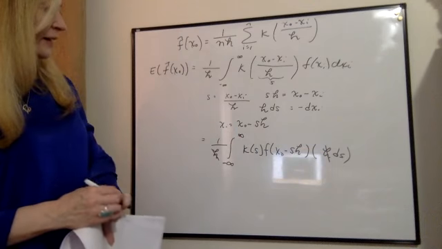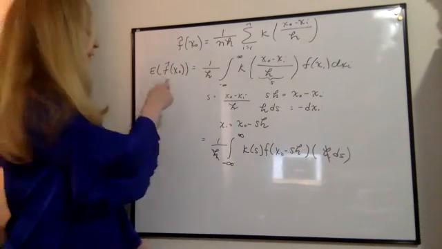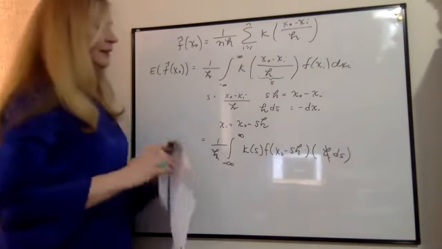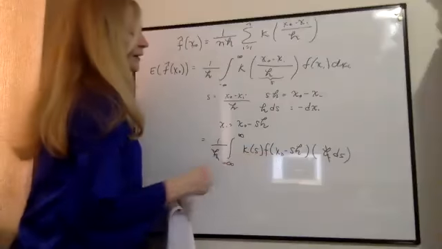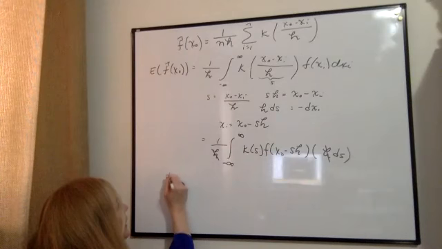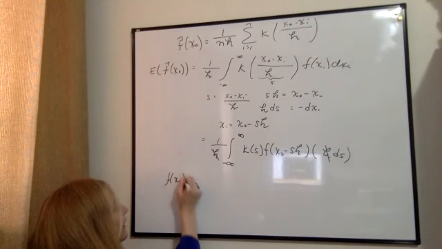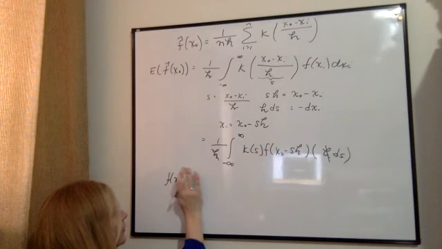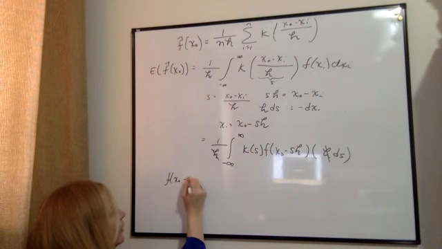I'm considering this as an estimator for f of x naught. So I can Taylor expand this part here. Okay, so again, I'm going to do a Taylor expansion here. This time in the notes, this is minus sh.